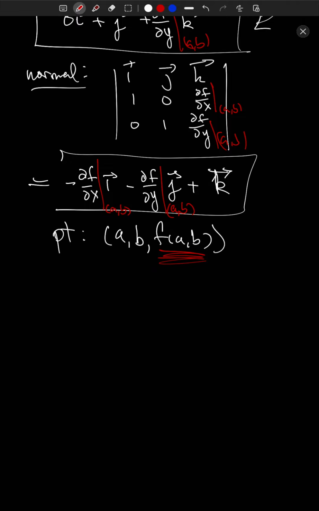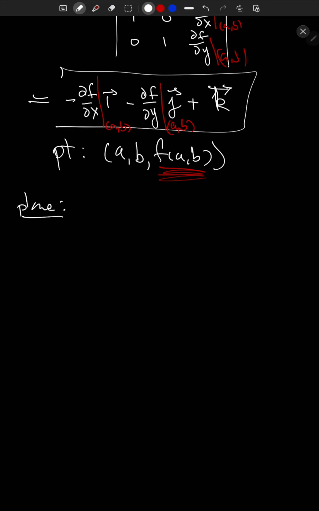Okay, in any case, that means my plane is going to have equation x minus a times the first component of the normal, df dx at a comma b. I'll fill those in later. Minus df dy at a comma b, y minus b.